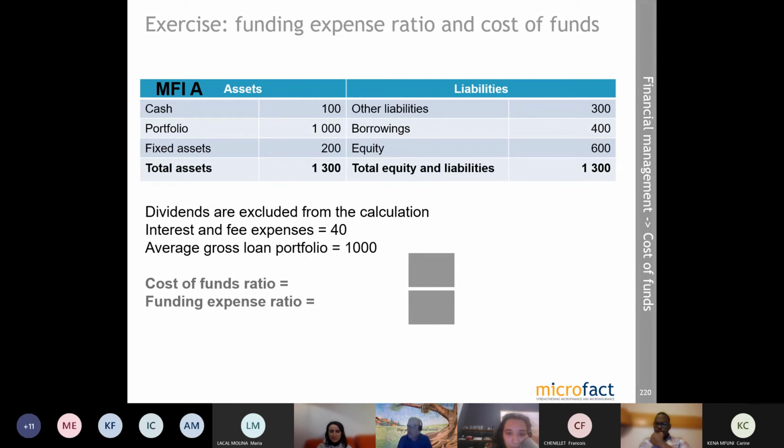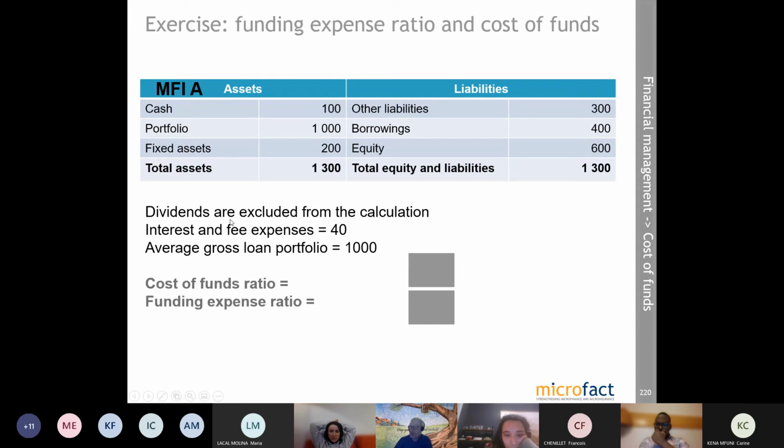Here you see a microfinance institution. You can see a very simple balance sheet: 100 cash, 1,000 portfolio, 200 fixed assets, 1,300 in total. What have they done on the liability side? How do they fund themselves? By borrowings, mainly equity and some others.